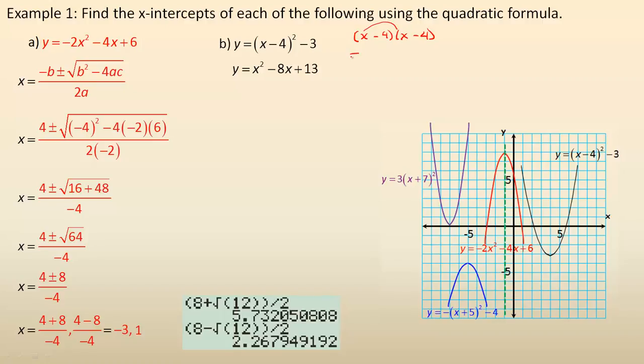So x times x is x squared, and then that'll be a minus 4x. That'll be another minus 4x, and negative 4 times negative 4 is 16. So we've got the x squared here. That's negative 8x, and 16, and then minus 3 is where the 13 comes from. So that's where we get the standard form from.